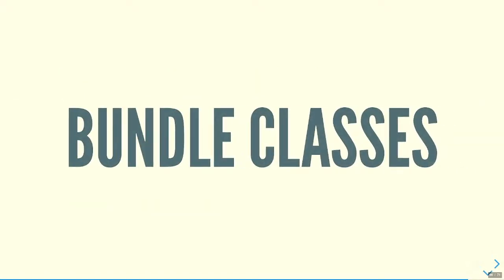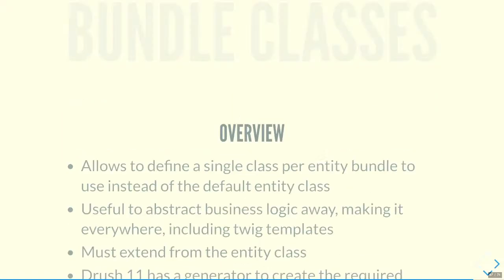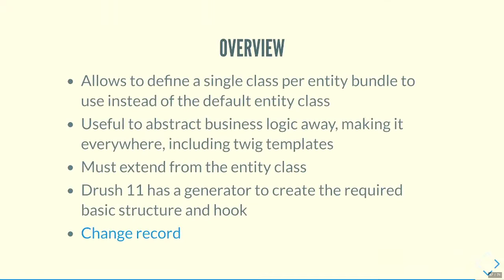Okay, so last topic, bundle classes. If you haven't heard about those, as mentioned, they were introduced in Drupal 9.3, so fairly new. And what it allows you to do is put your business logic in a class. So you might have some logic that you often use on articles, for example. Then you can define your own custom class that extends from Node.